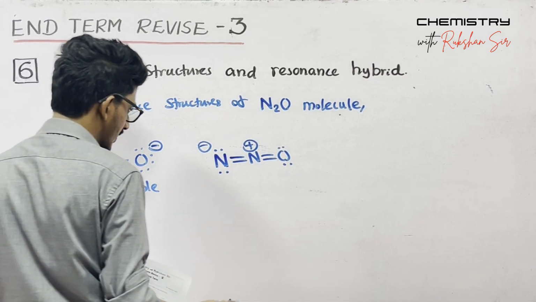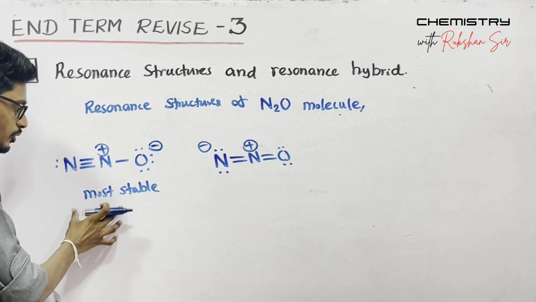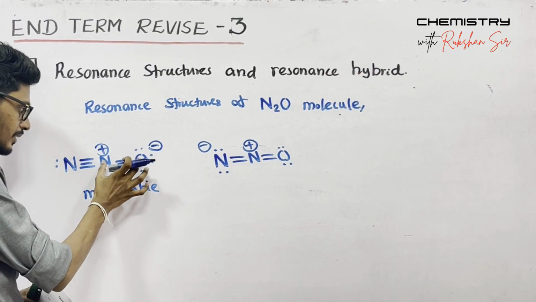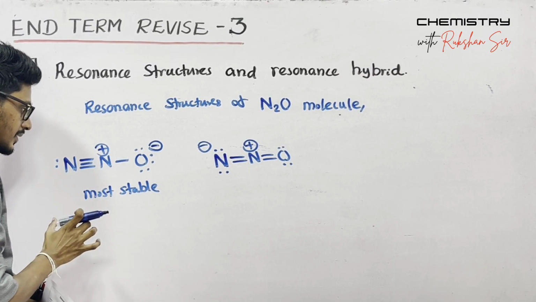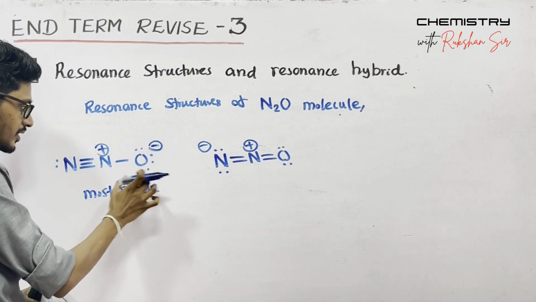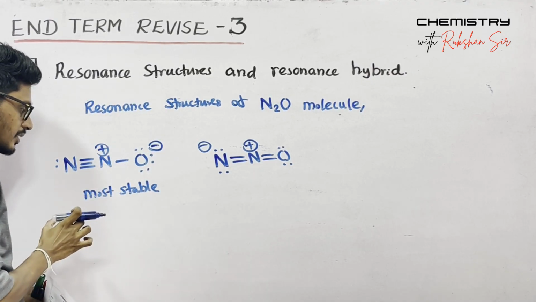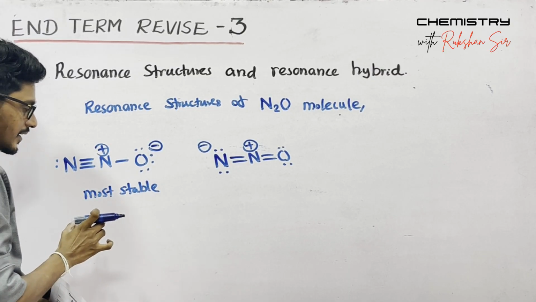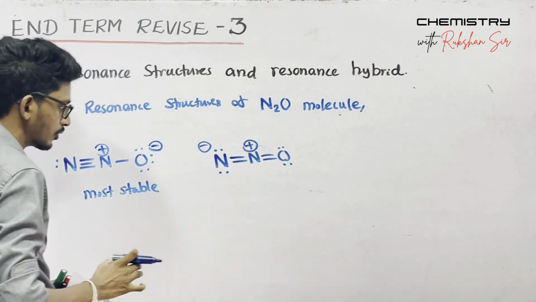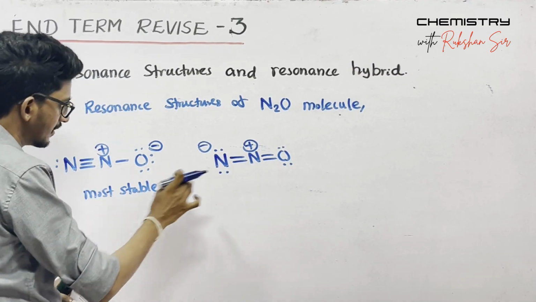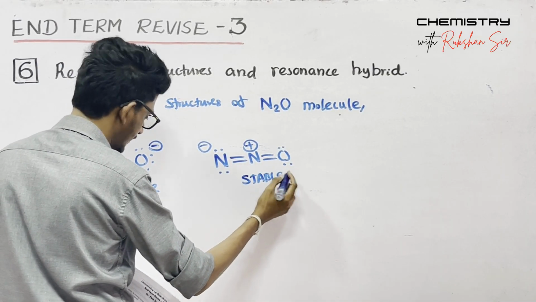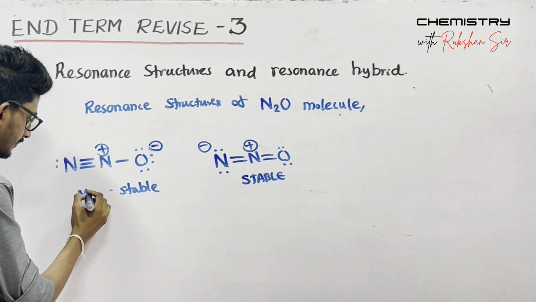This is also a stable structure, but the other is more stable because you have two reasons to become stable there: adjacent atoms coming up with opposite charges, as well as the most electronegative oxygen coming up with the negative charge. So two reasons are there to become stable. Here only one reason. So this is considered more stable, this is just stable, and this is the most stable.